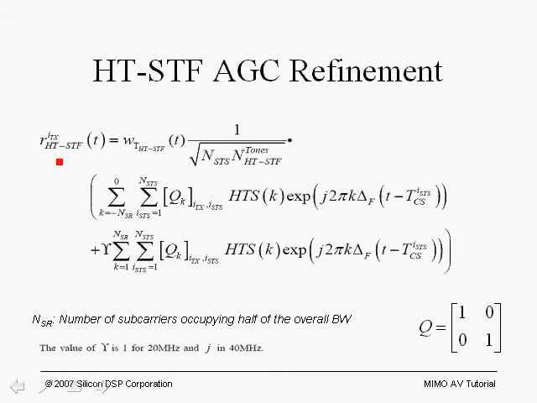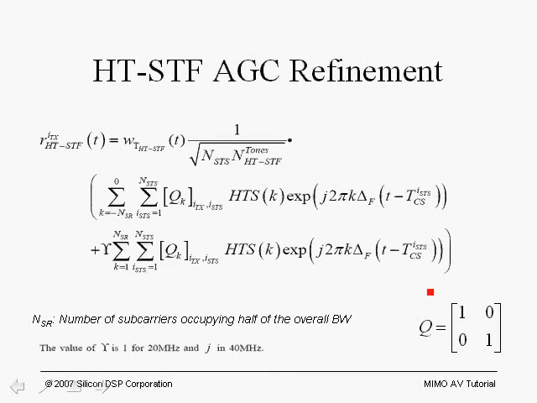So as you can see, the short training field is also transmitted through both antennas, and it incorporates a cyclic shift, which also assists in providing a better predictor for using the RMS value of the high throughput short training field in order to predict the RMS value of the data part of the packet.